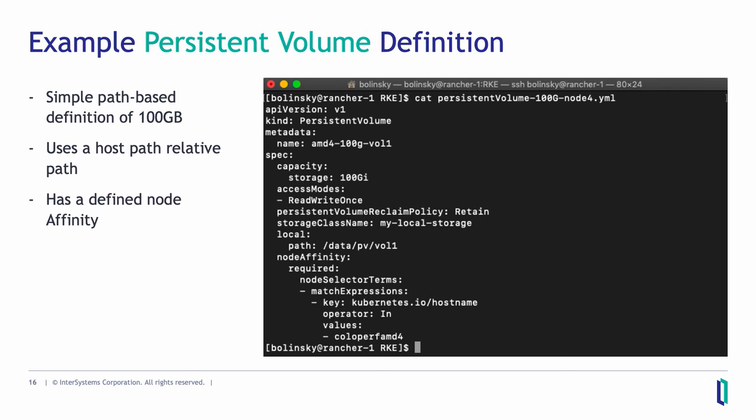It will certainly result in database degrades. I then used a hostPath definition, again, not something that's recommended, but for testing purposes I'm showing it as an example because it's not really resilient, since there is a node affinity. In this case, it's specific to coloperf AMD4 as the server.